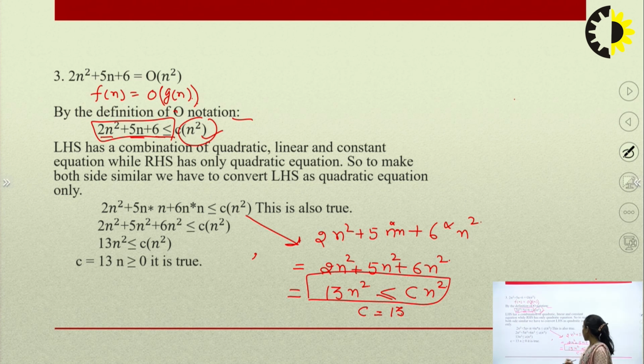Fine. Because what do we have to do here? We want to make this inequality true. To make this inequality true, we have to do some mathematical calculations, multiplying with the value of n as required. In the previous example, we also multiplied with n in one term. So, as required we multiply with n, because this left hand side is totally quadratic.